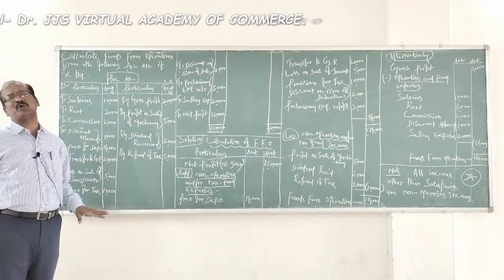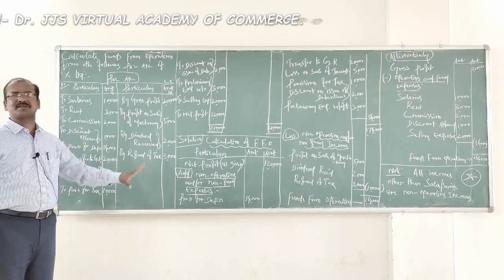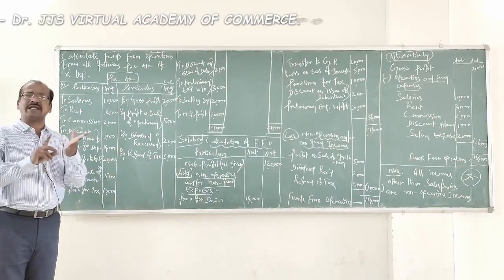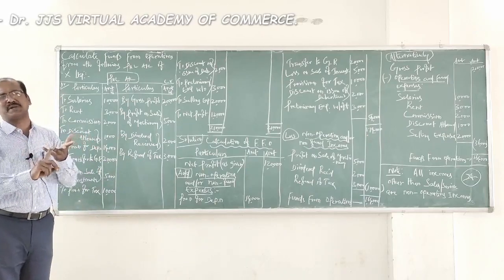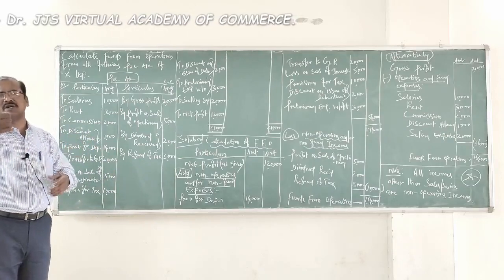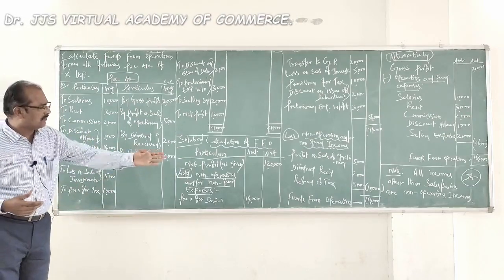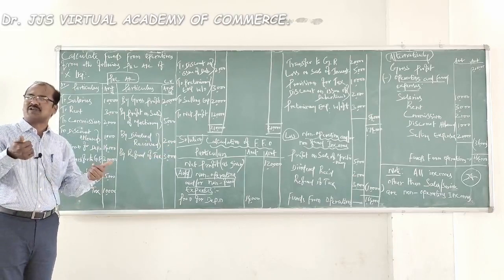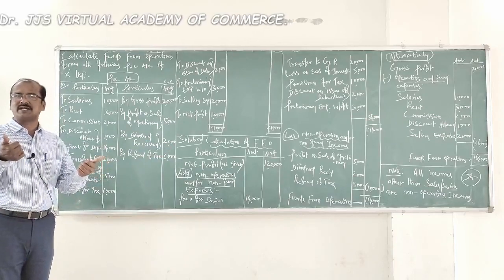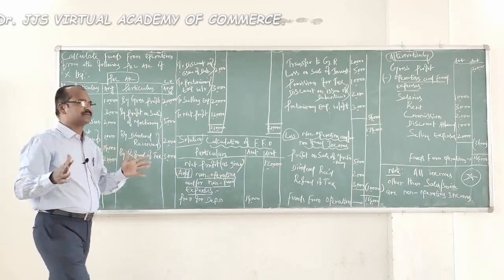Therefore, you don't have to worry about them. You just deduct only operating and fund expenses from the gross profit. You will get the same answer of 1,64,000 rupees funds from operations. Shall we go and see? Yeah, follow me.